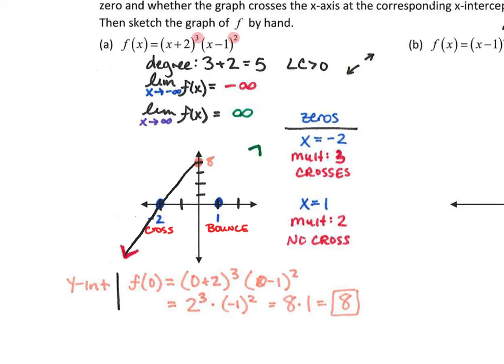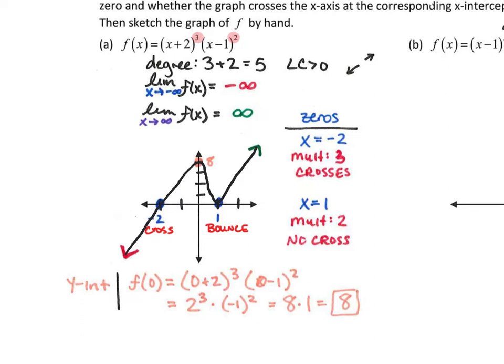I'm going to hit my y-intercept because that's another coordinate point. Then I'm going to aim down for the next 0. But that next 0 says bounce. So instead of crossing over, I'm going to bounce right back off and go try to meet up with my next coordinate point or end behavior. So this allows us to write really good sketches of these graphs, just plain connect the dots, not only with the zeros, but also with the end behavior.